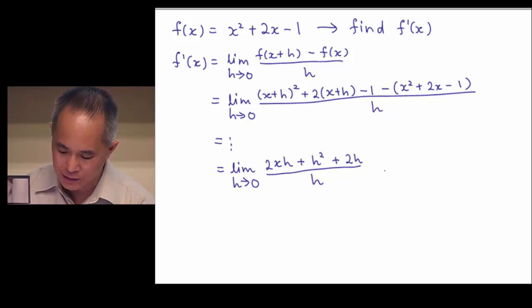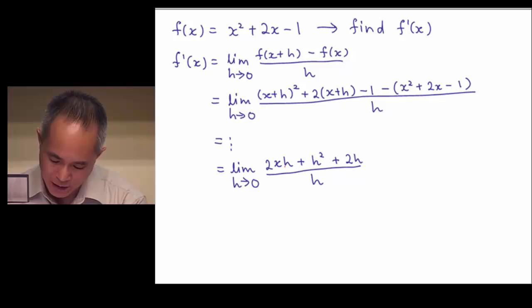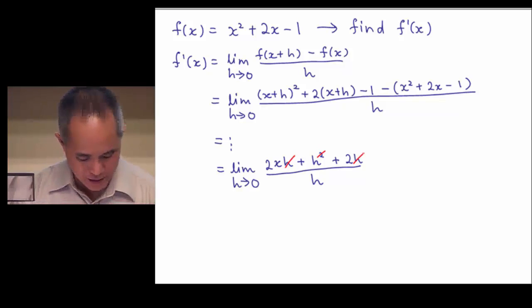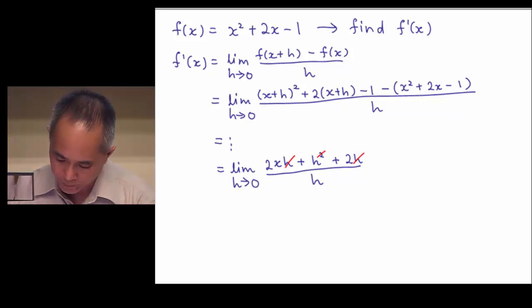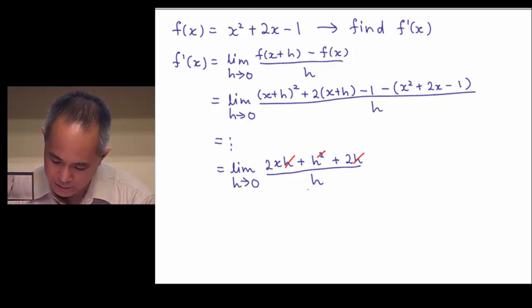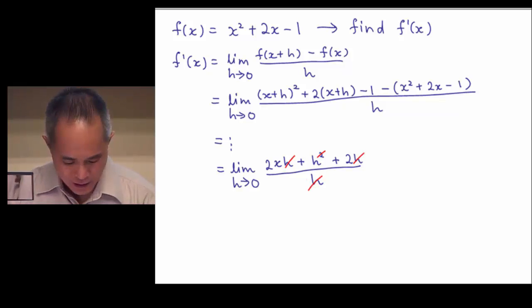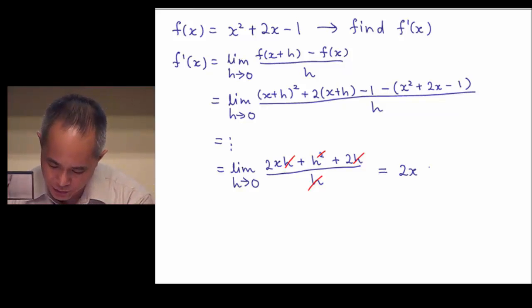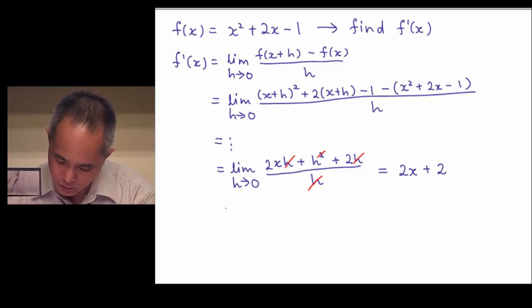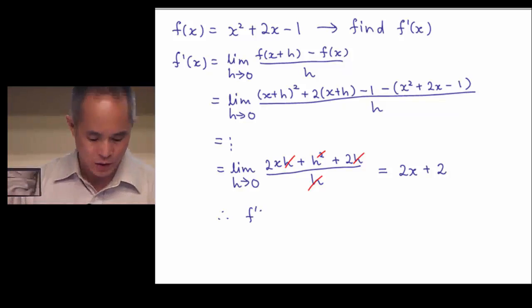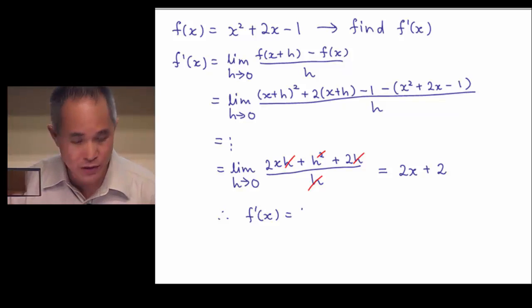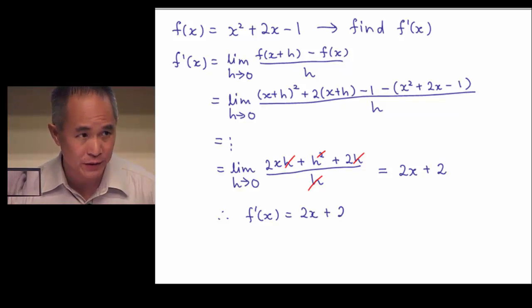So this is the expression that we have, and of course we can then divide numerator and denominator by h, and as h tends to 0, you are left with 2x plus 2. So that's how we can use the definition to find the first derivative of a function.